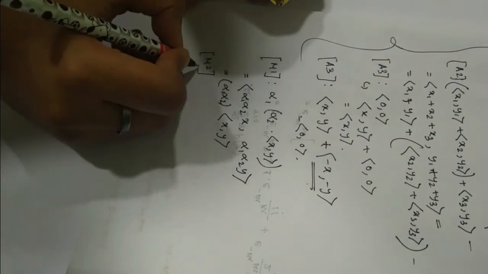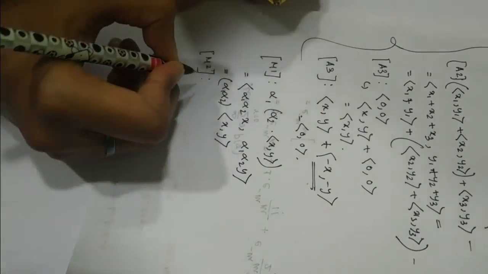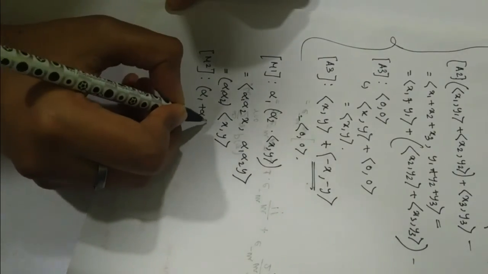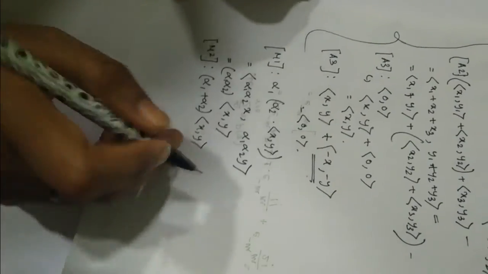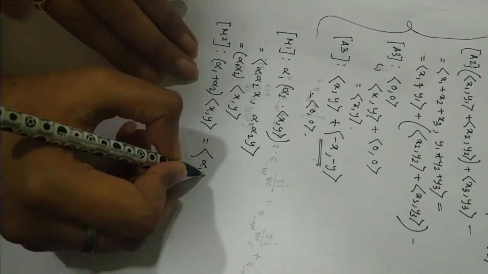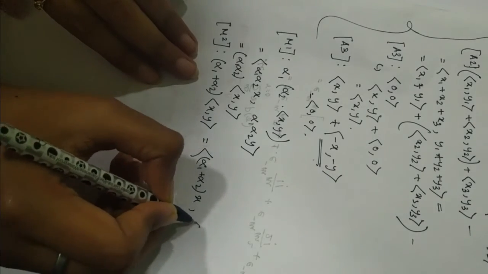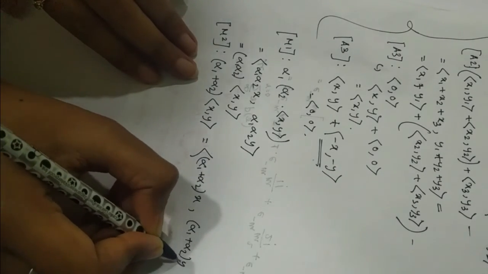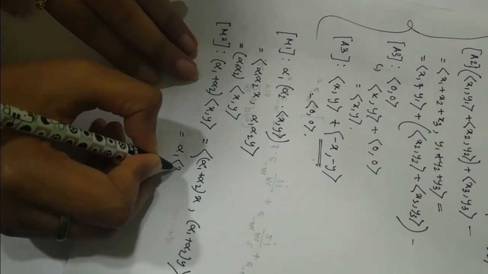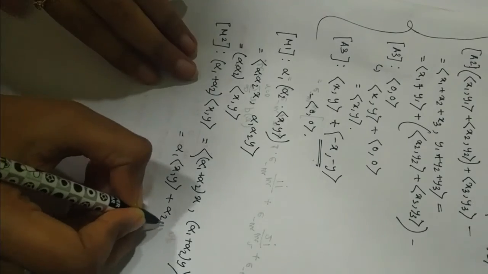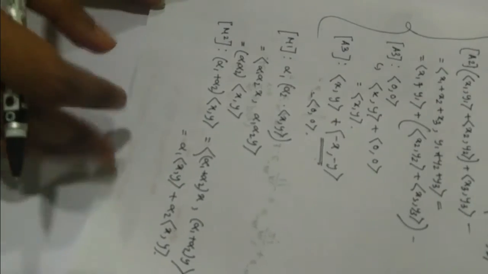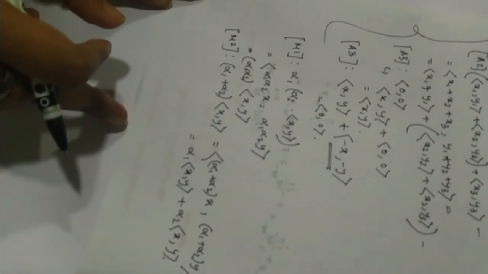The second is that it is distributive over the scalar addition, right? So (alpha 1 plus alpha 2)(x, y) is equal to ((alpha 1 plus alpha 2) x, (alpha 1 plus alpha 2) y), which is equal to alpha 1 (x, y) plus alpha 2 (x, y). So obviously the addition of scalars is distributive, right?